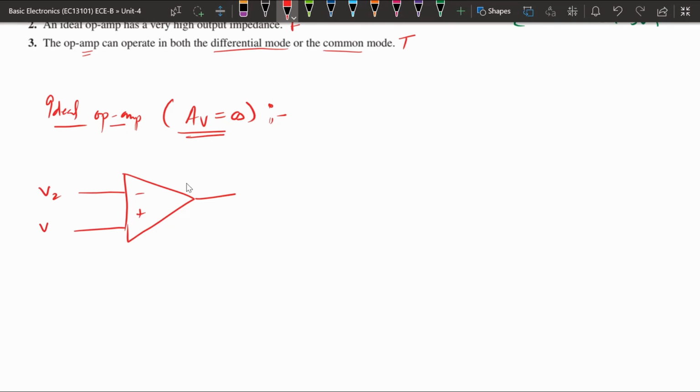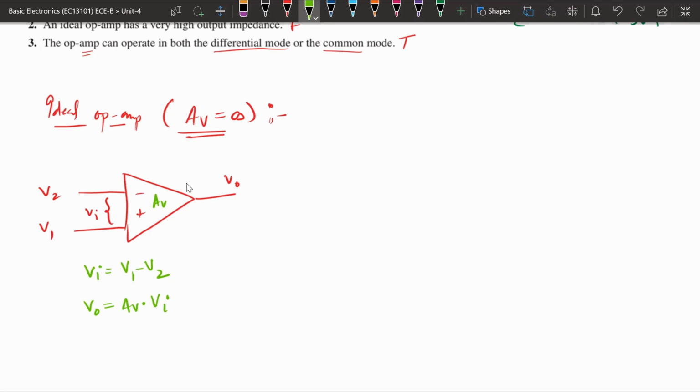This is V2 and this is V1, and the difference is V input. This is the output. V input will be V1 minus V2, and the output voltage is gain, which is infinity here, multiplied by the input voltage. This is the relation of input and output in an operational amplifier.